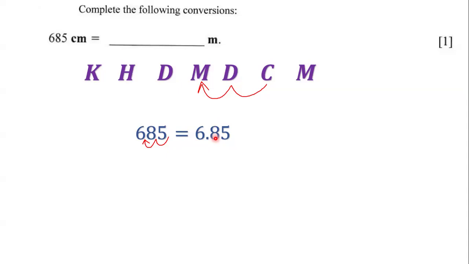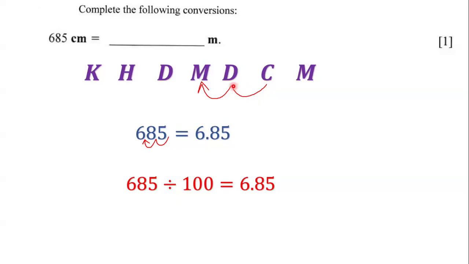So all we need to do is take 685 and divide it by 1,000 or by 100 or by 10. 100. Why do we use 100? There are 100 centimeters inside 1 meter. That's a good answer. But based on our acronym, because we move to the left twice.